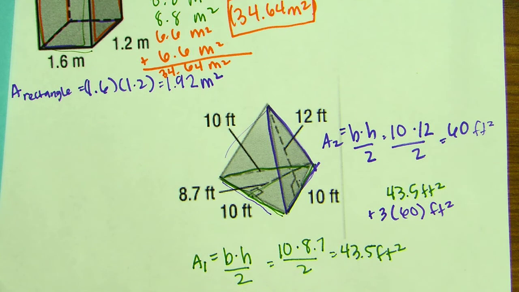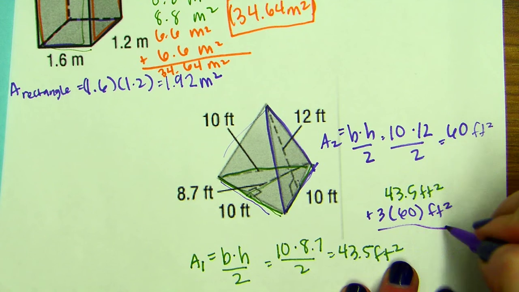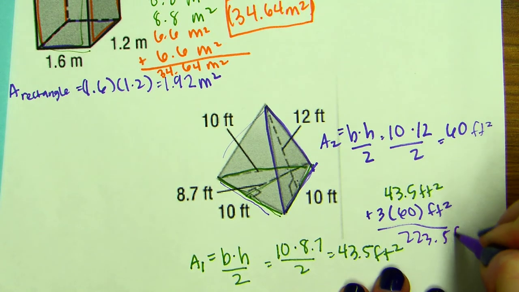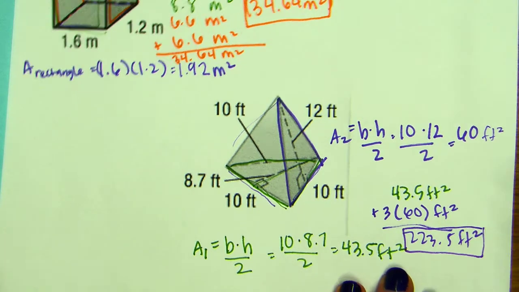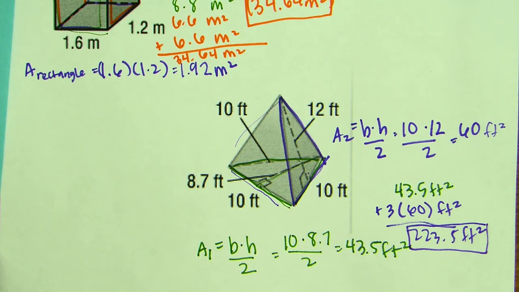So 3 times 60 is 180, 43.5 plus 180 is 223.5 square feet. So that's the surface area of this triangular pyramid right here.